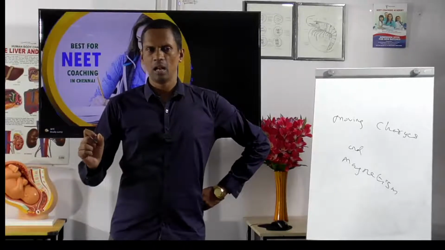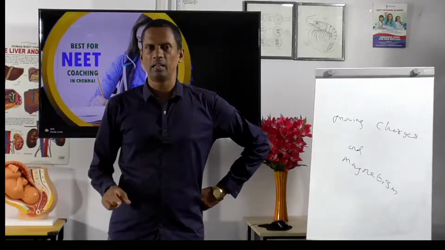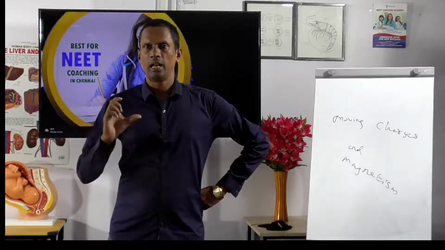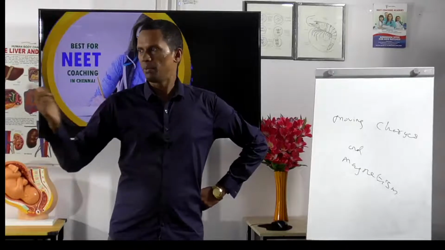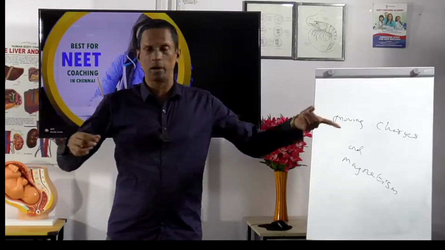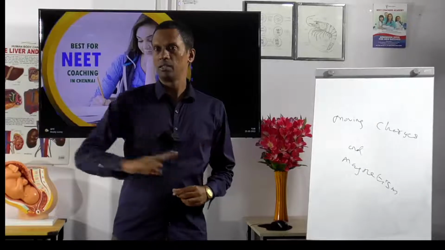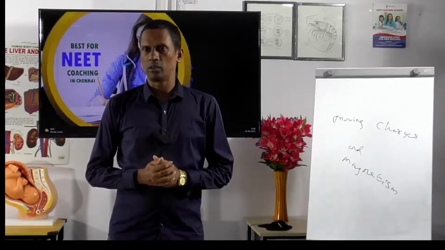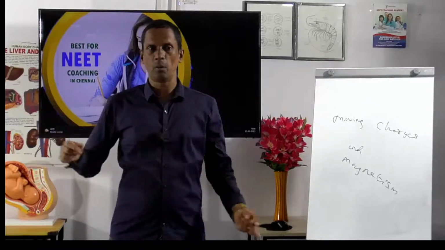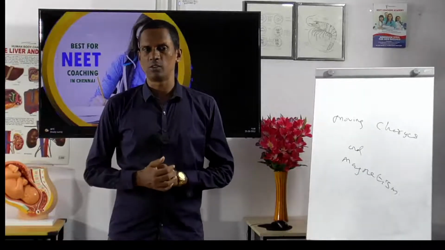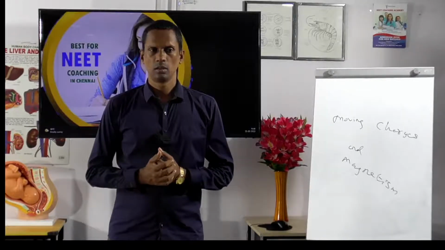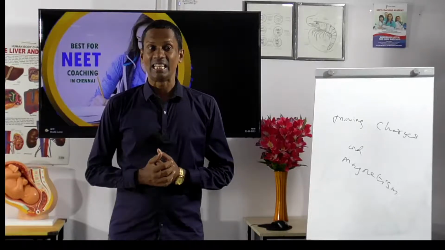The particle has to travel from this point to that point with a specific velocity. That means from the starting point to the ending point, the change of velocity should be zero.